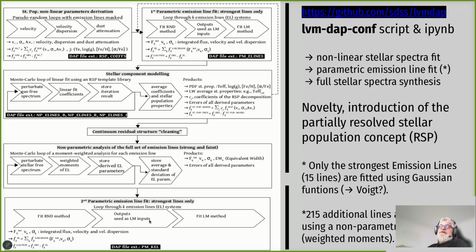The one that is produced in this loop, which is parametric; the one that is produced in this part, which is a non-parametric weighted moment analysis; and again an analysis using the same spectra, subtracted the best stellar continuum, using again the parametric properties and as guess the values of the non-parametric ones. So this is basically how it works.